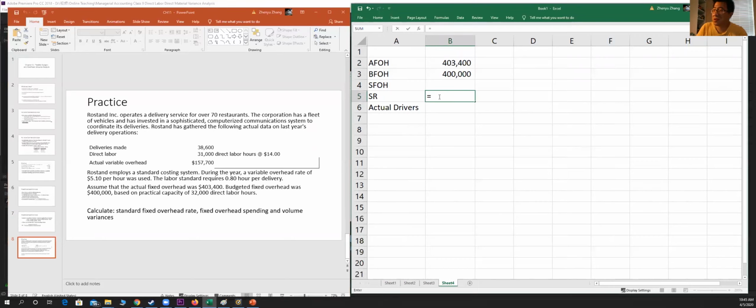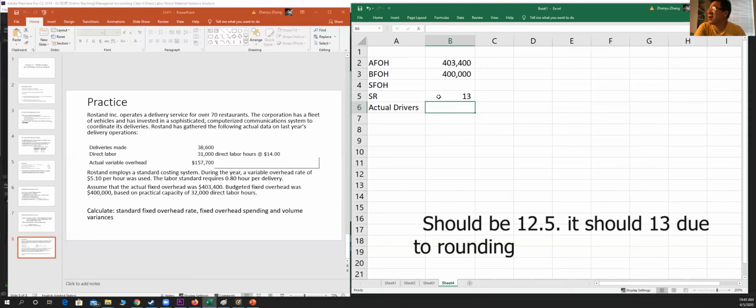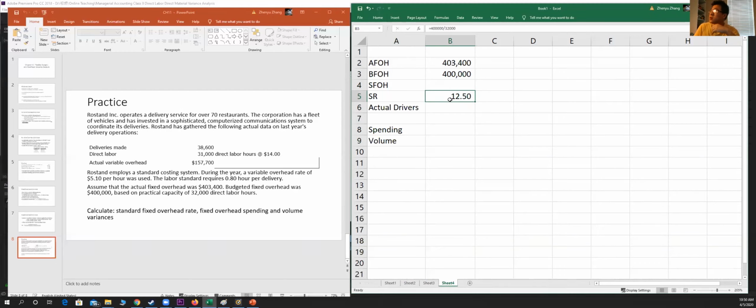Okay, so standard rate is 400,000 divided by 32,000. So the standard rate of overhead is $12.50.